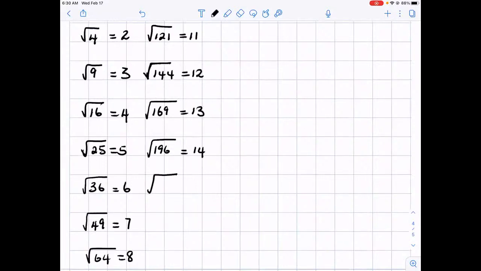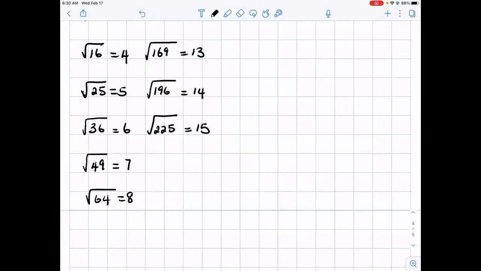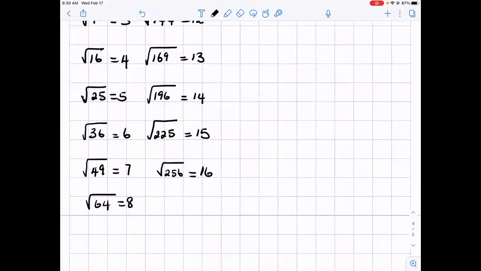The square root of 225 is equal to 15. And the square root of 256 is equal to 16. So these are some common square roots, okay?